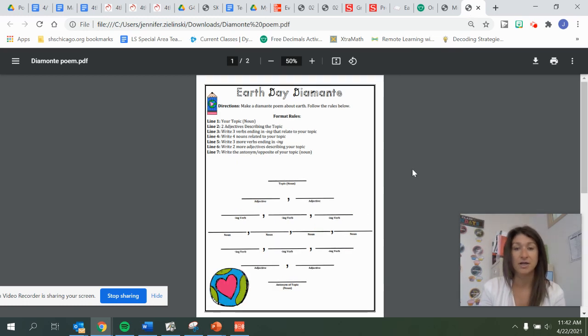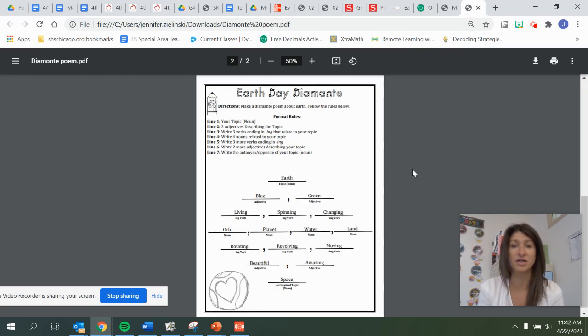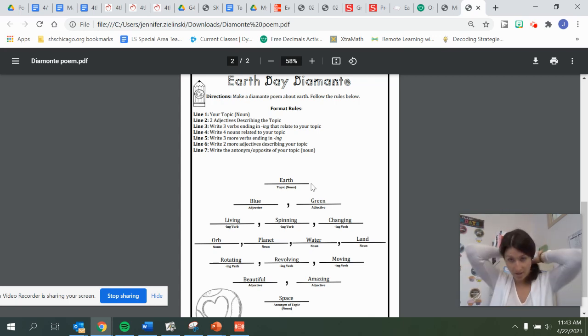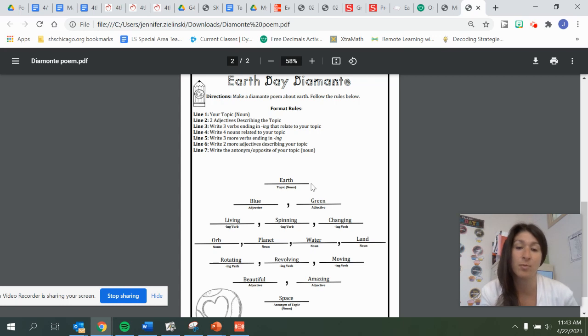We have an example here with Earth Day. It breaks it down for you, and you're going to get an organizer that looks just like this. Our topic doesn't necessarily have to be Earth. You can choose another topic that is related to Earth Day. But for this one, the topic is Earth.